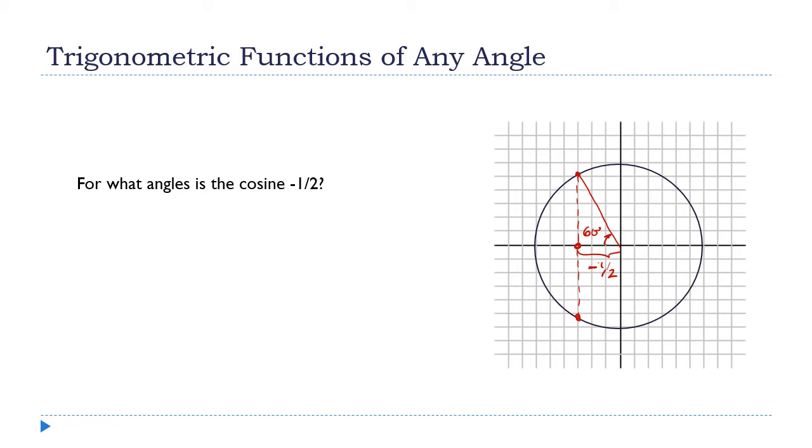And that means this angle, the one that I'm actually looking for here, is going to be 120 degrees, right? Because the two of them together make up a straight line. Straight line is 180.